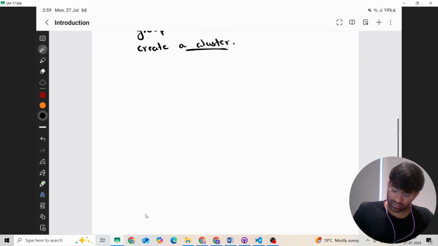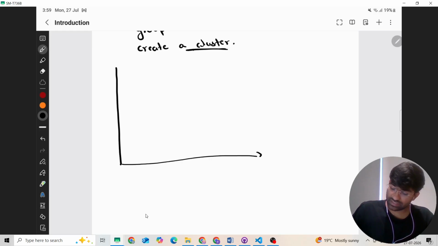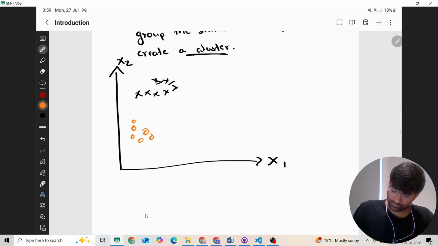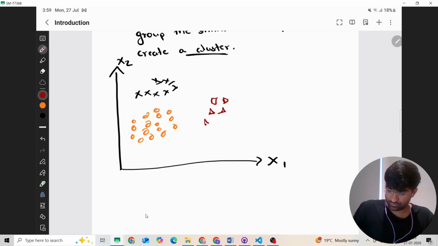If I draw it, it will look something like this. Consider this as x1 and this as x2, and we have some data points. The data is distributed like this.